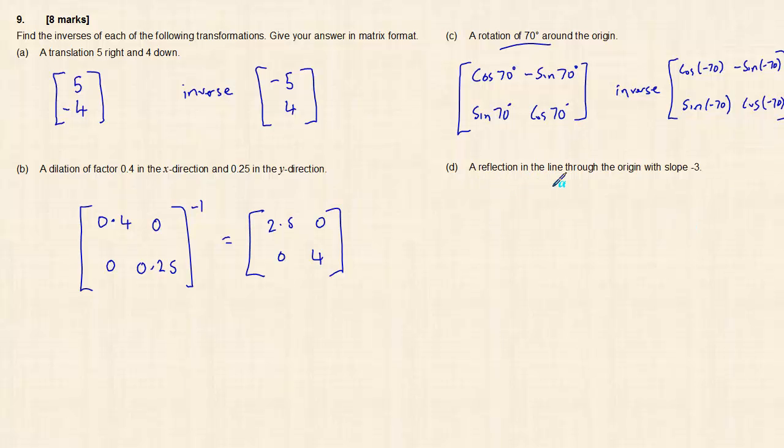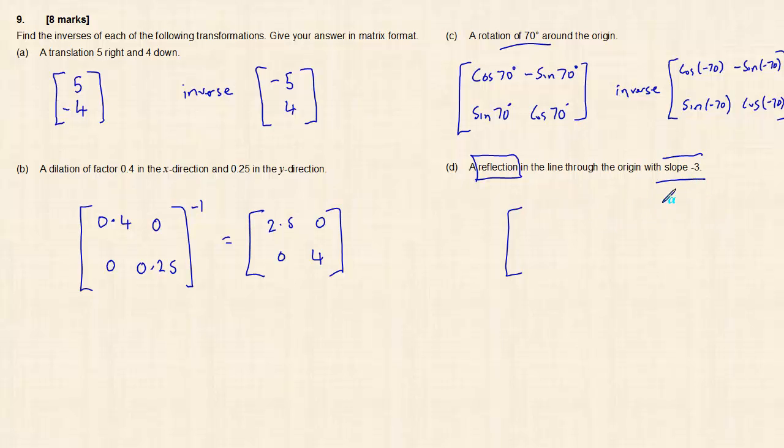A reflection in the line through the origin with slope -3. Now we know that reflections are self-inverses, so it's going to be the same as the original matrix. Now if you want, you can convert this to an angle.